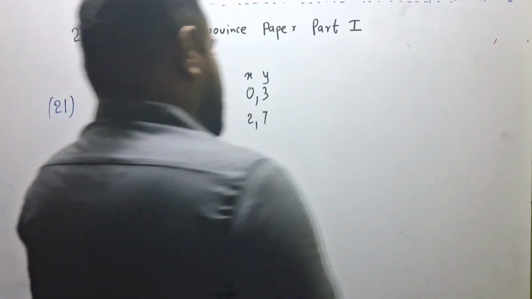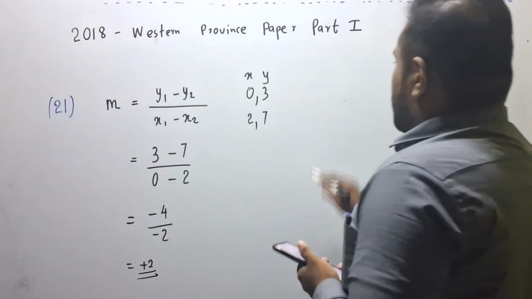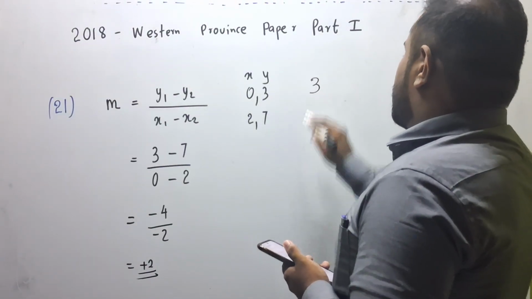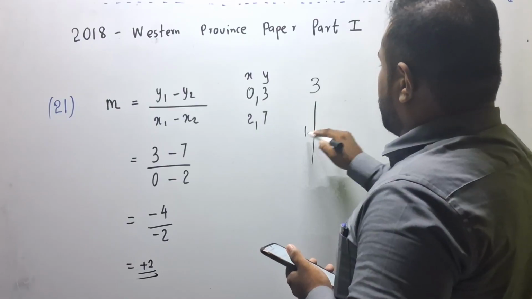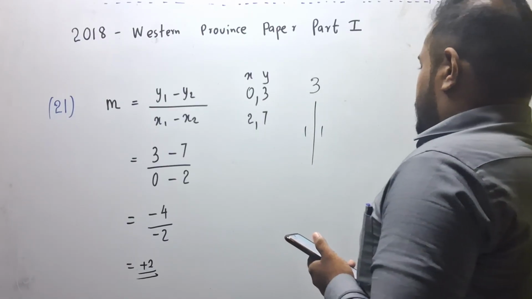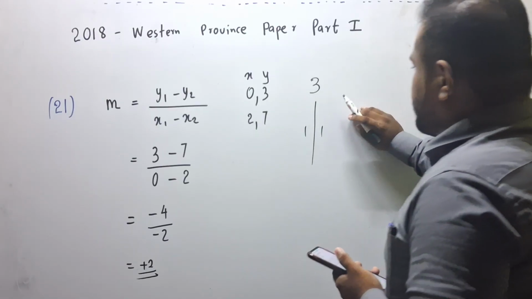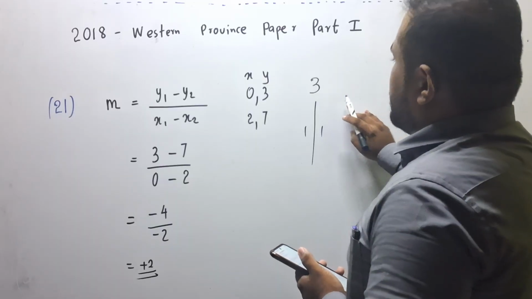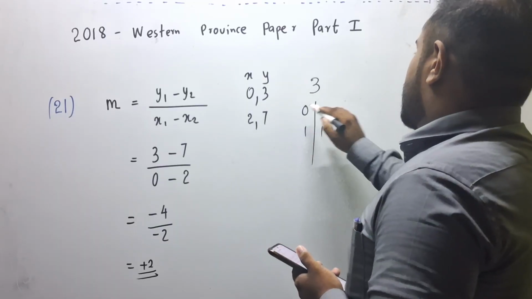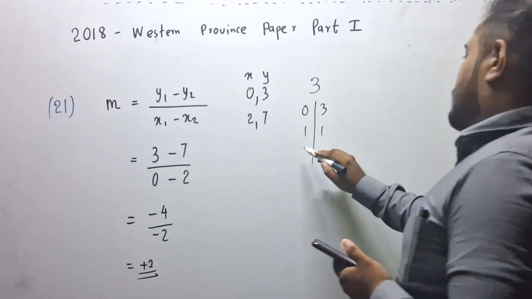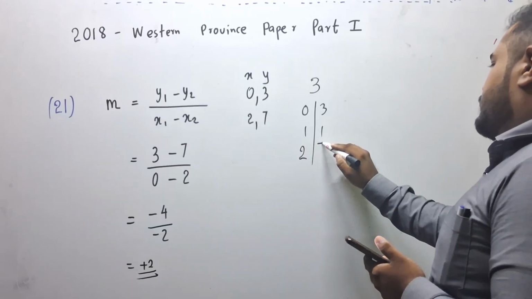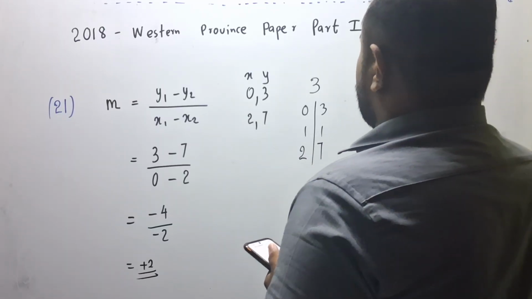There's another method I have taught you. Write the number 3 and draw 3 lines, and write the coordinates as they are: 0, 3, 2, 7.